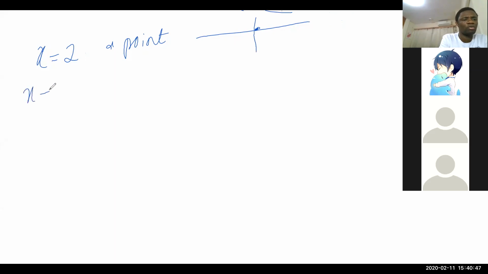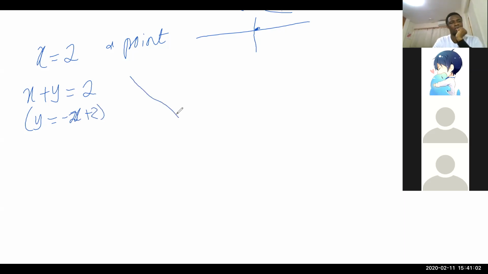Now, if you have it in 2 variables, maybe x plus y equals 2, this is the equation of a line. If I write this line, I get y equals minus x plus 2. Which means we're going to have a line like this, a line that passes through the y-intercept 2. So it's going to pass through 2, something like that. So this is the line, okay?